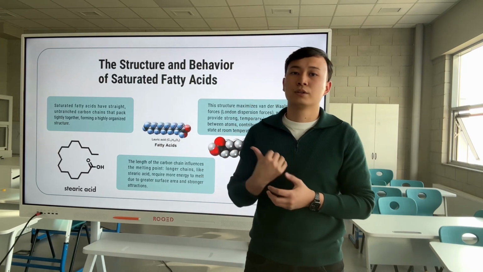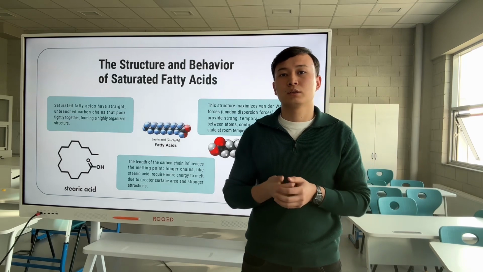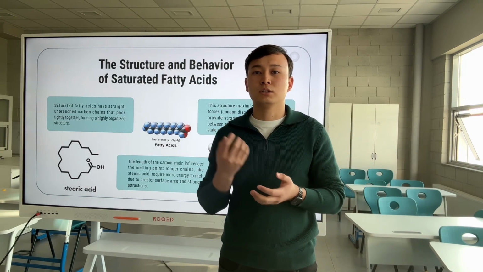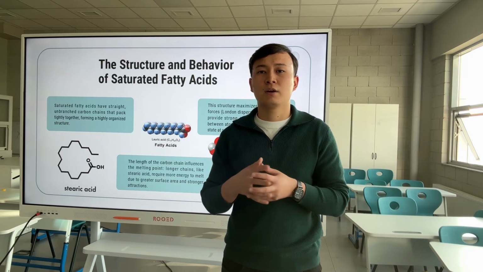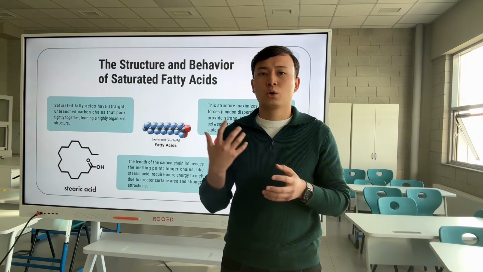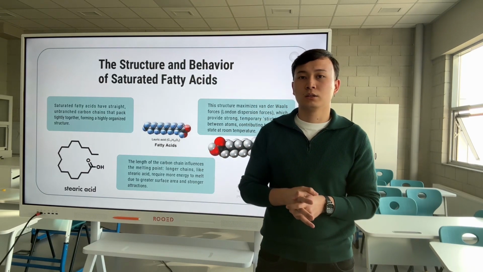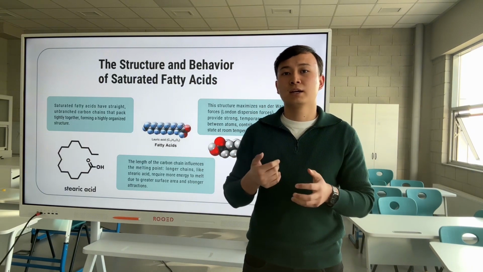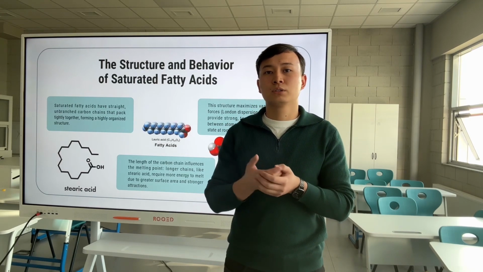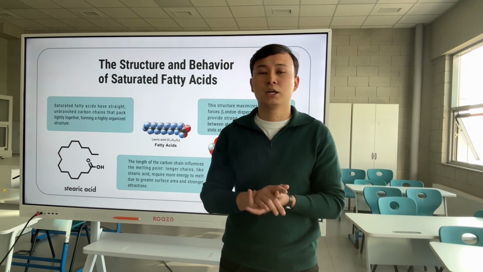And the length of the carbon chain plays a role in how easily these fats melt. Longer chains like stearic acid have more surface area and more attraction points, so they require more energy to melt, and shorter chains like lauric acid melt more easily because they have fewer points of attraction.